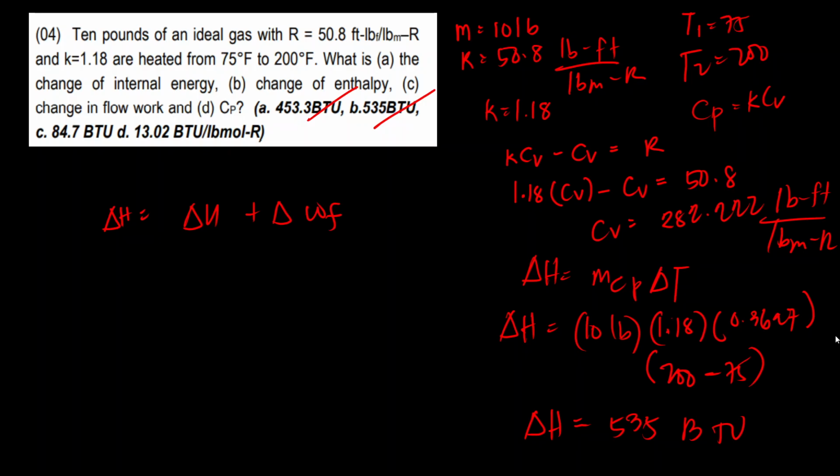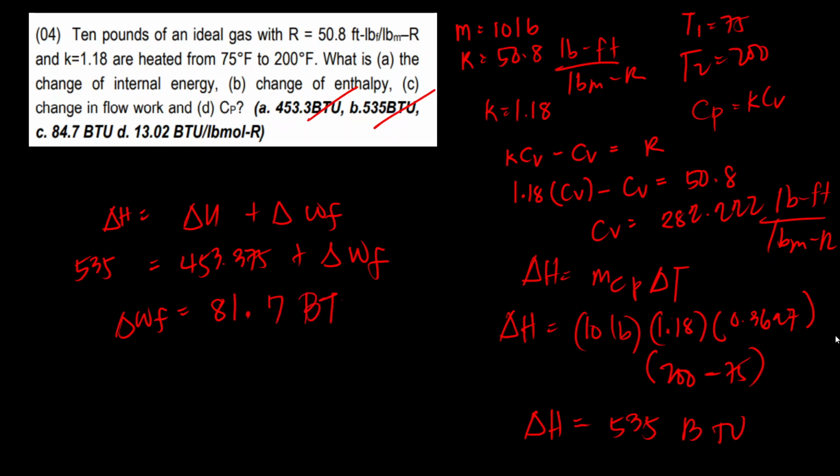Okay, so meron tayong delta H, meron tayong delta U, which is equivalent sa nakuha nating 453.375 plus delta flow work. Ang delta H natin is equivalent to 535. So, ang delta flow work natin is equivalent to 81.7 BTU. Okay, so ayan. So, that's how you answer that.